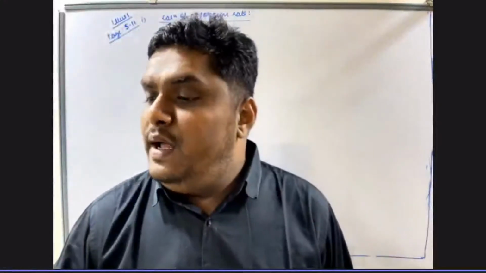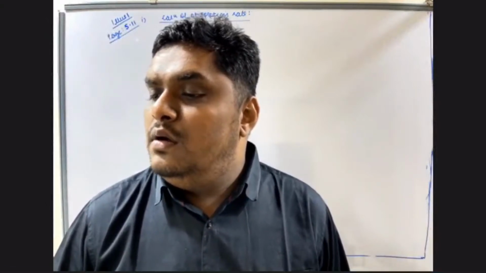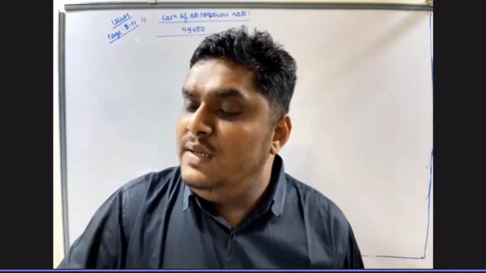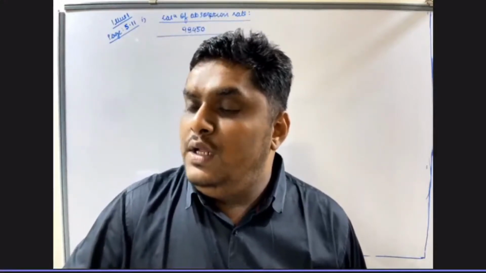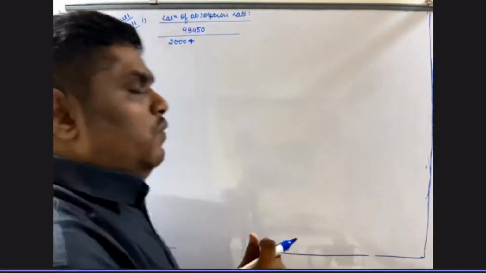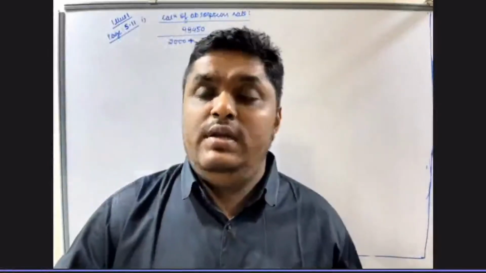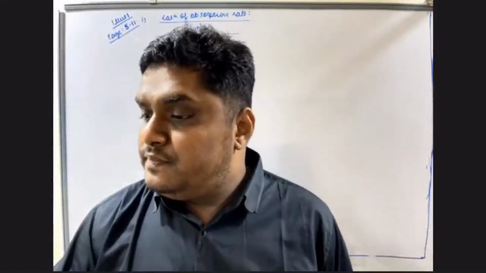When talking about the labor hours, product A requires 30 minutes for manufacture, and total 4,000 units were manufactured. One unit takes 30 minutes, so 4,000 units will take 2,000 hours. Similarly, when talking about B, 1 unit takes 45 minutes, so 3,000 units will take 2,250 hours.